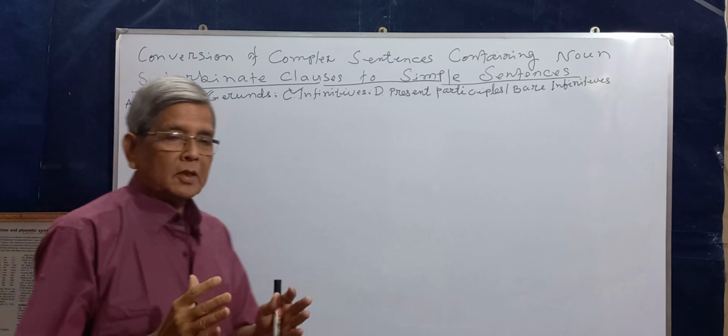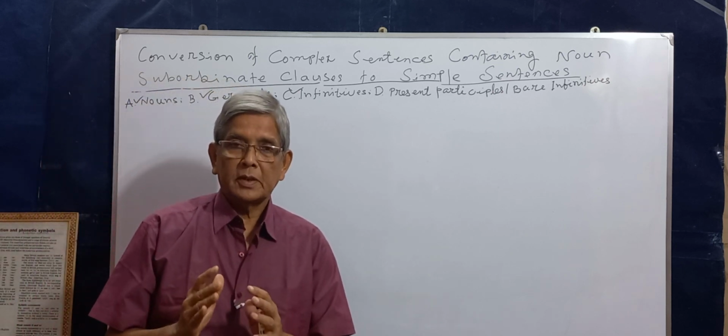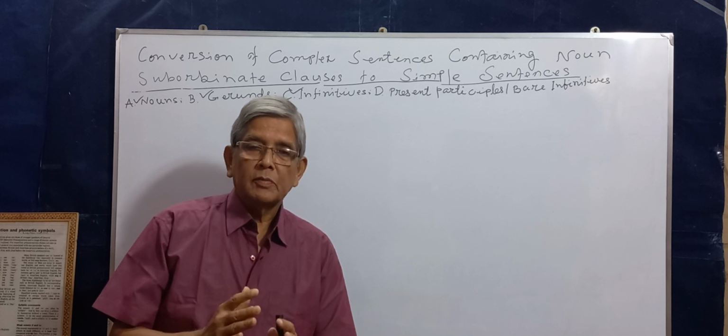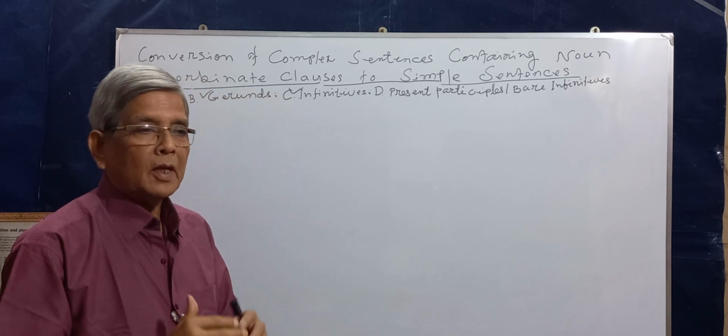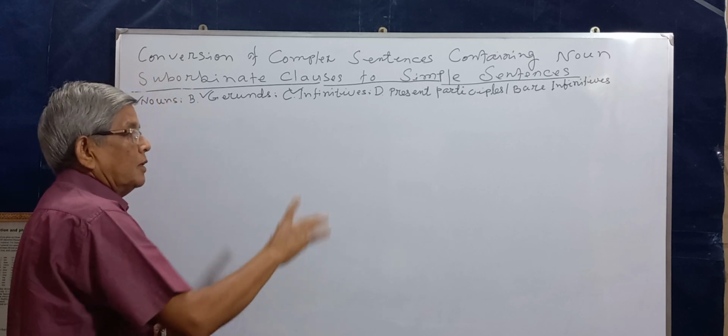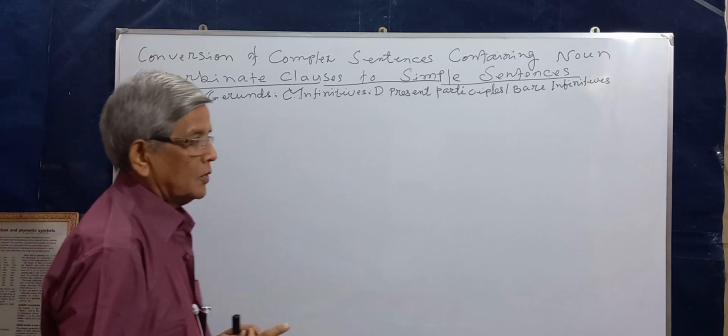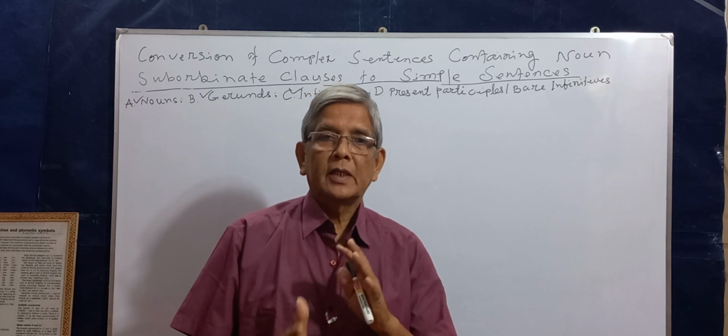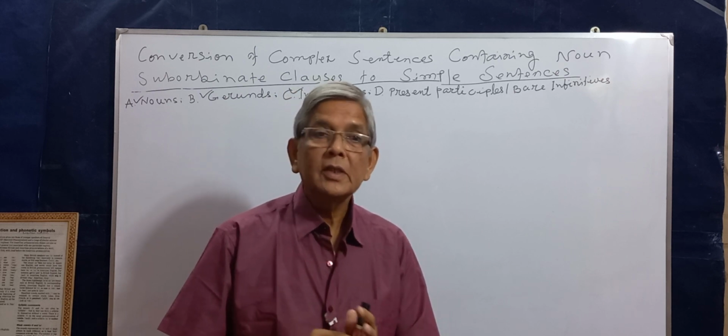These are called verbs of perception. The verb in the principal clause is a verb of perception, like hear, see, smell, feel, etc. And the verb in the subordinate clause is in the active voice, either simple tense or continuous tense. These are the conditions.